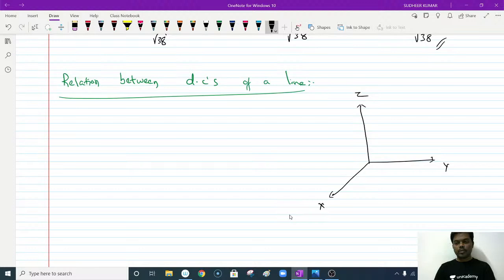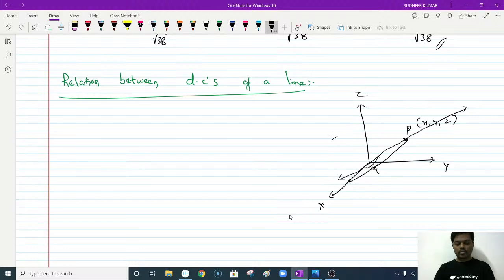There is a point P, x comma y comma z. So draw a line which is passing through the origin through P. Here the x-axis, this is the x coordinate. Then it makes angle alpha.